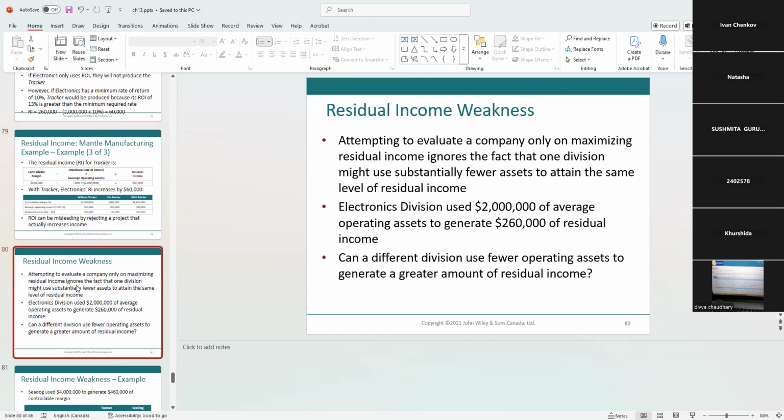Now, one of the main weaknesses here is we should not evaluate projects which have different assets or different size, because that's going to lead us to the wrong conclusion, the one we saw in class on the board.